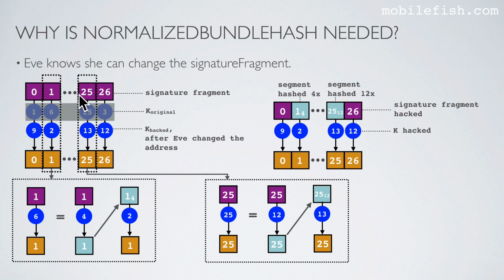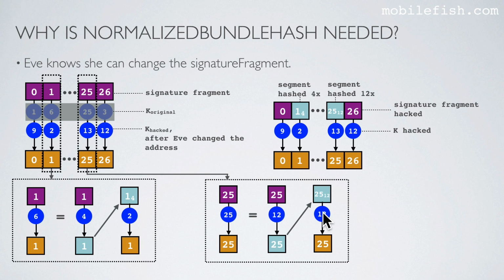Let's do another example. Let's focus on this segment. This is the original number of hashes, as can be seen over here. But after Eve changes the address, the value changes from 25 to 13. Again, this is the original situation, but Eve wants this value to be changed to 13.